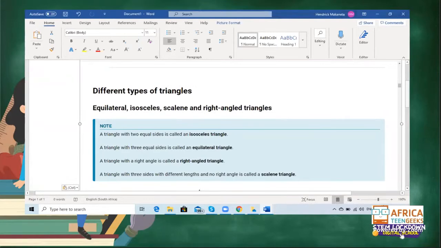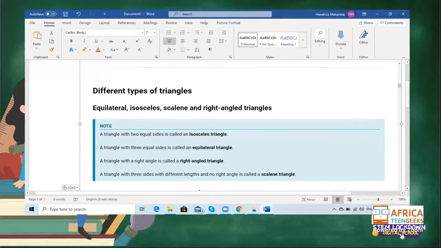Equally, you will have the right-angled triangle, and we know that in any right-angled triangle, you'll have a right angle, which is 90 degrees. So you will be able to see that there is a line that is perpendicular to the other, which forms a right angle.